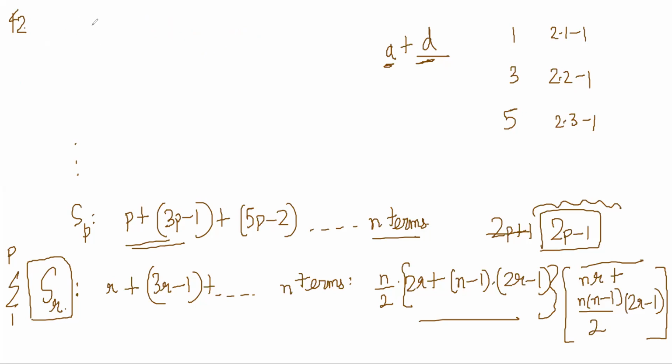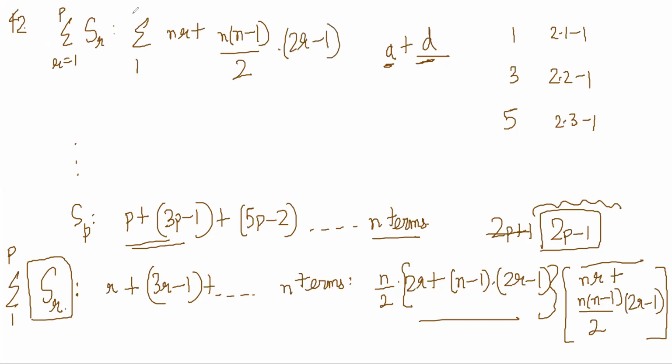So if I want the summation of S of r from r equal to 1 to p, I have to sum up nr plus n into n minus 1 by 2 into 2r minus 1 from 1 to p.